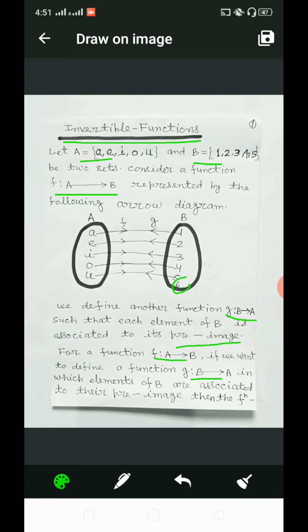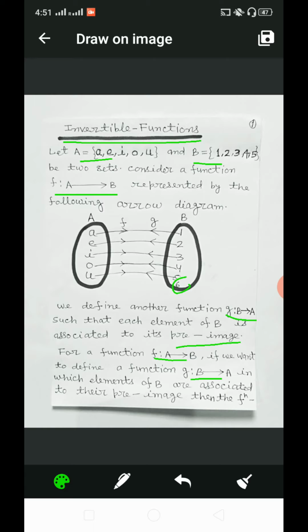And if a and e both are associated to 1, that is, if f is many-one, then also it is not possible to define function g from B to A, because in that case one will have two images.